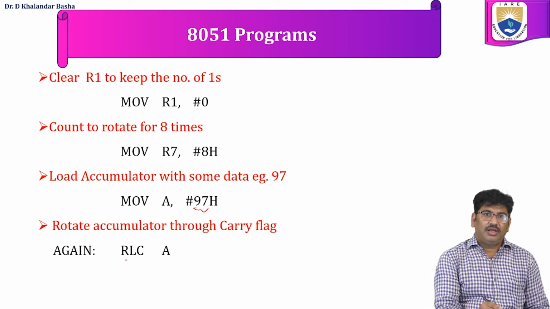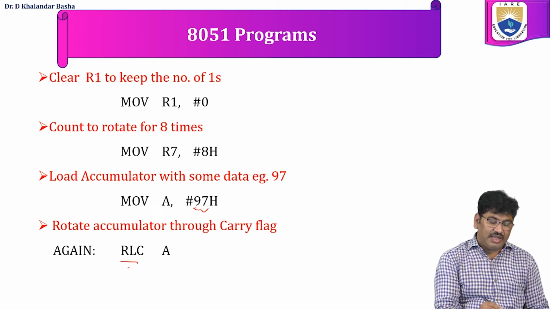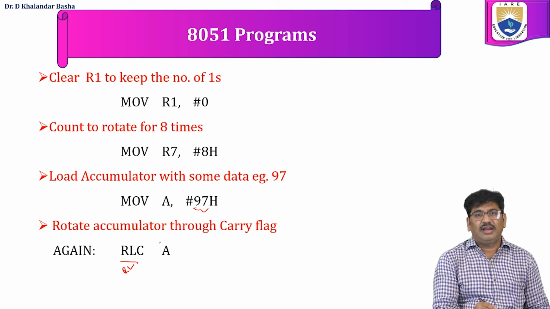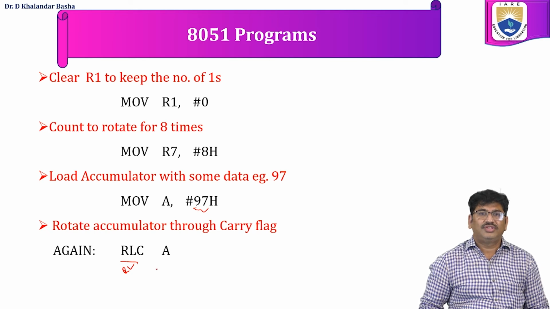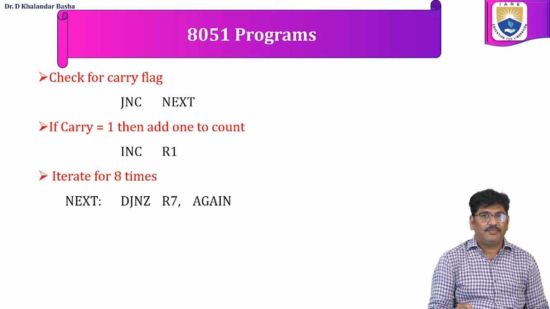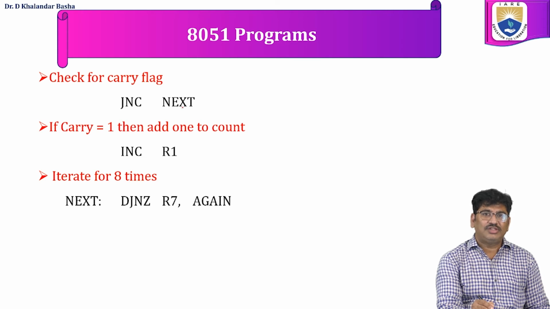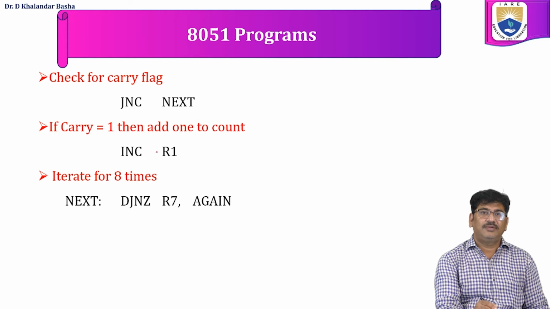Here we will rotate the contents towards the left side, either with carry or without carry. It is valid. Rotate the accumulator left. Whenever you shift, we check the carry flag. If there is no carry, go to the next label. If any carry is generated, that indicates the presence of a 1, so we increment the count, which we are keeping in the R1 register.